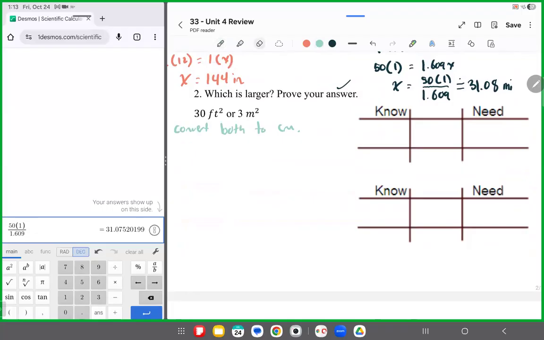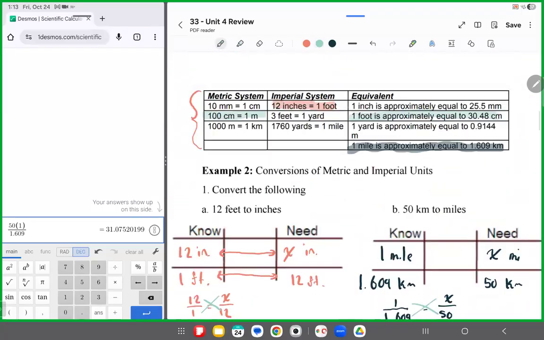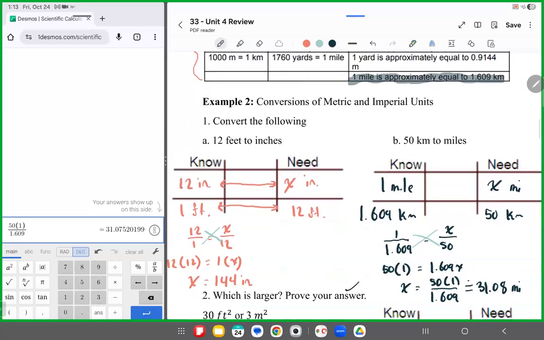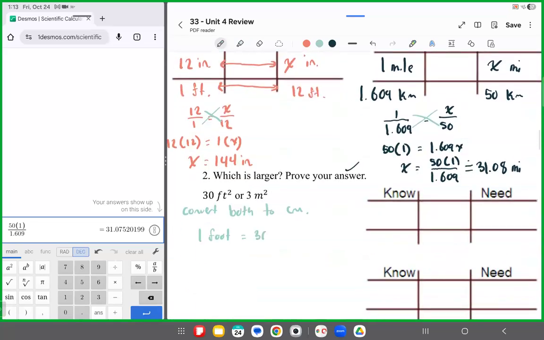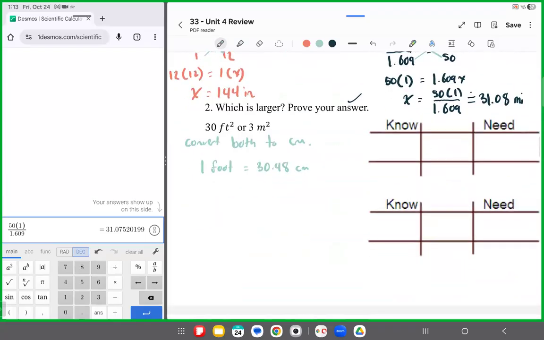Okay. So with respect to feet, recall 1 foot is equal to, and we can see from above, that's going to be 30.48 centimeters. And so we know that 1 foot square will be equal to 30.48 times 30.48.